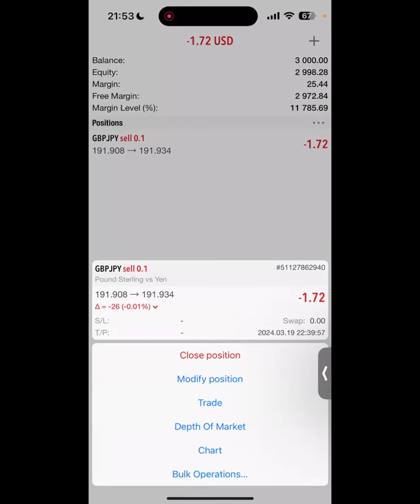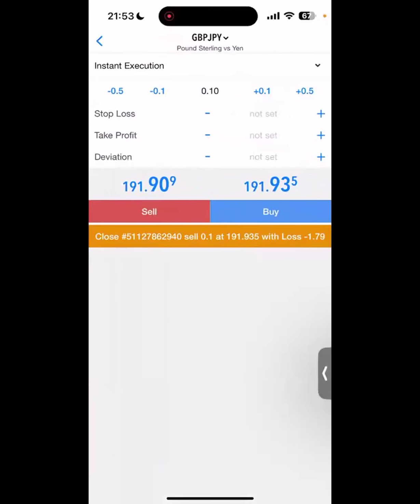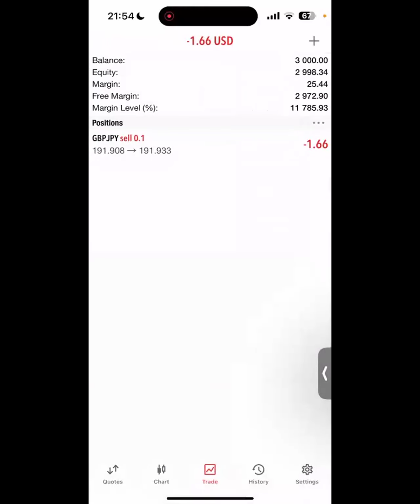You see the close position, click on the close position. It will bring out something like this. It says close sell 0.1 at 1, and we lost that. We don't close at a trading loss. So go back. Once you see it in profit, so Chisom, you have a trade running, right? Once it goes into profit, you can close it.